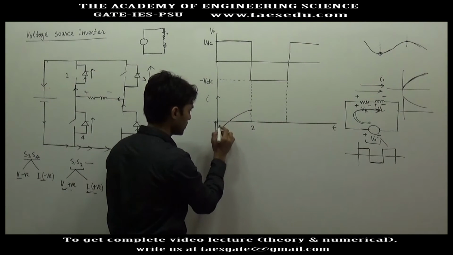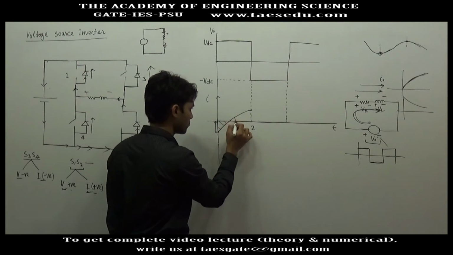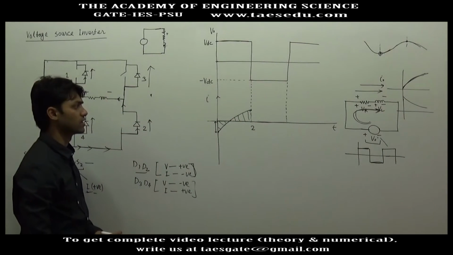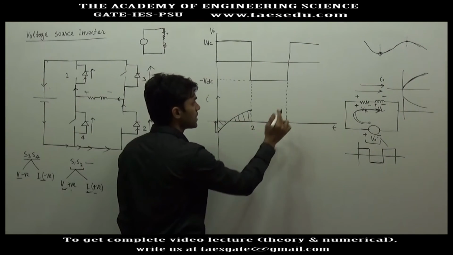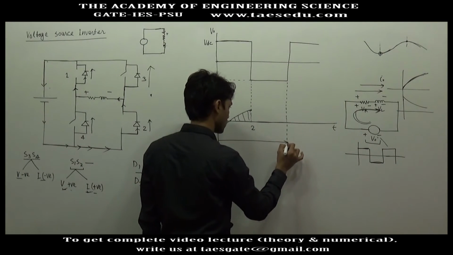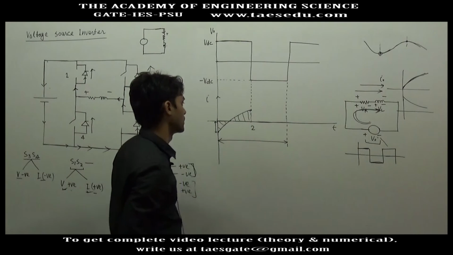You may observe that the negative area is not equal to positive area. It seems that the positive area is greater than negative area, but the time period has not been completed yet. You have to get overall 0 area in one time period.